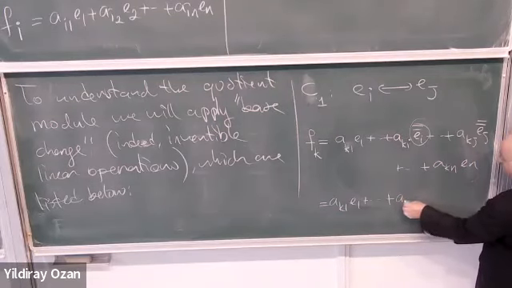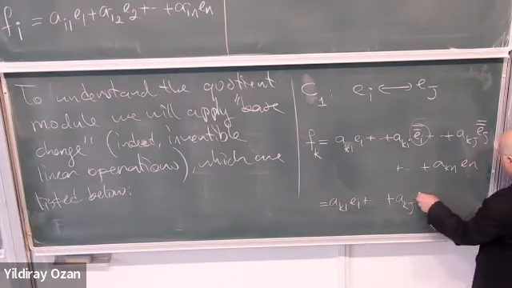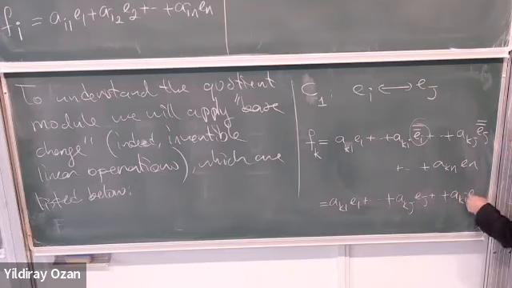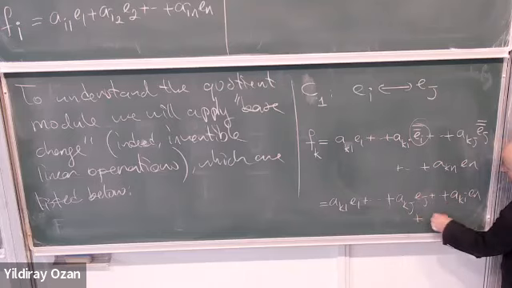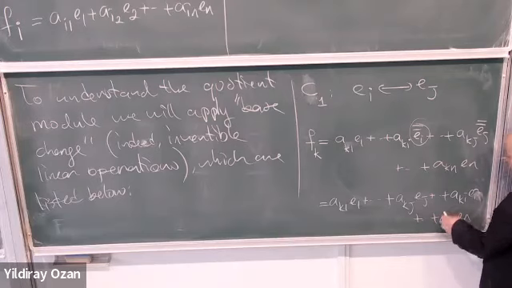So here I will have akj ej, and then aki ei, and then akn en. So what happens? What happens?